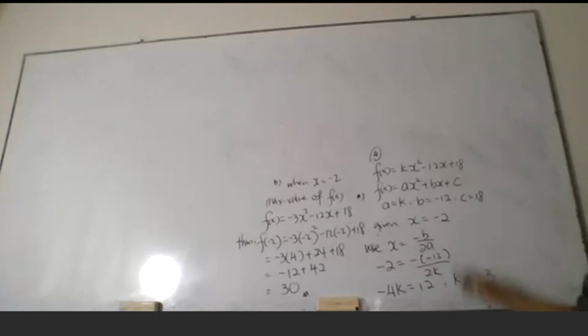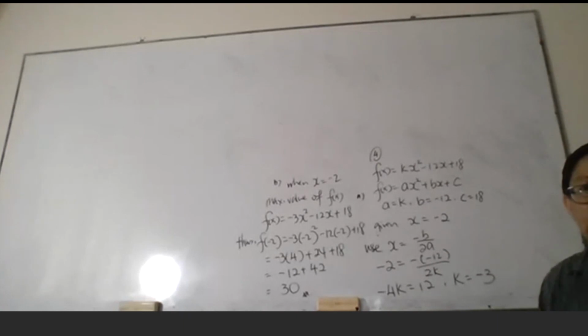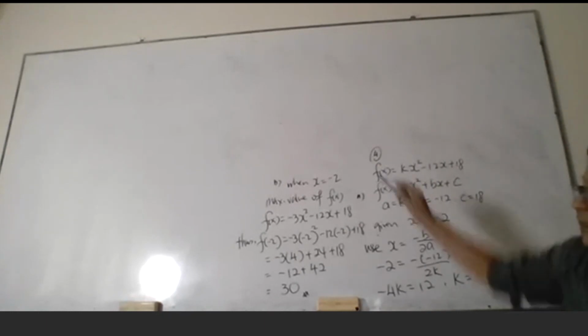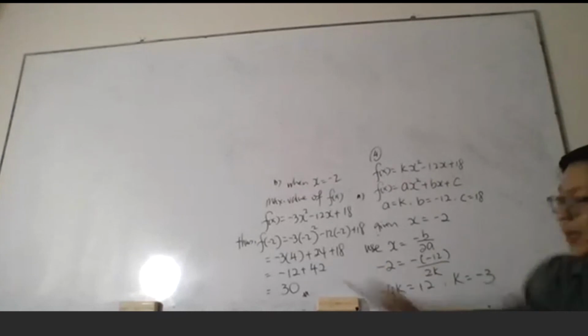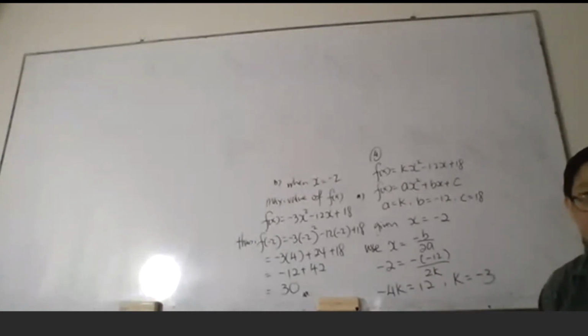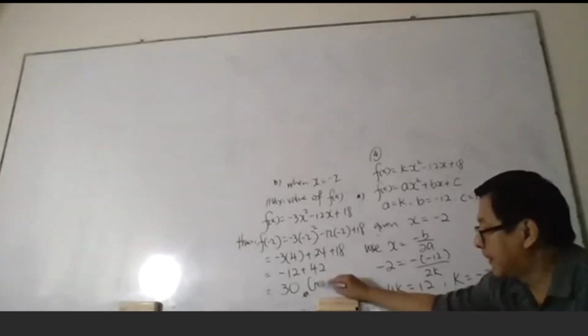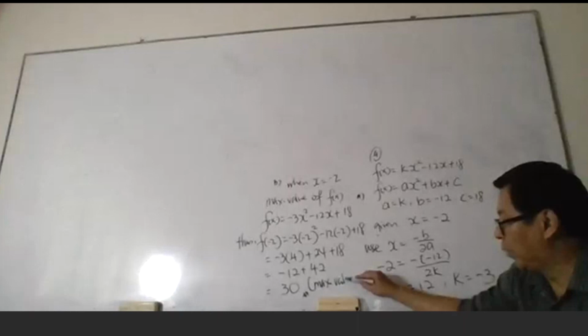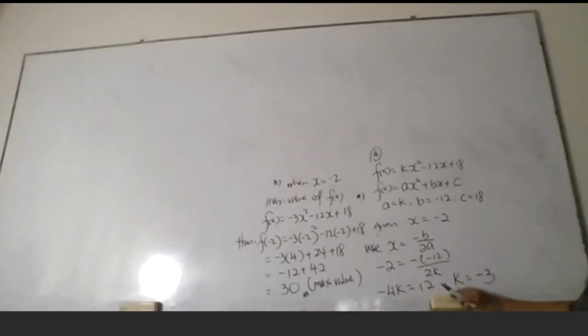So we can use this method to find your k. After that, to find your maximum or minimum value, which represents the y coordinate, the simple way is to substitute your x to determine your y, or your f(x) value. This is your maximum value.